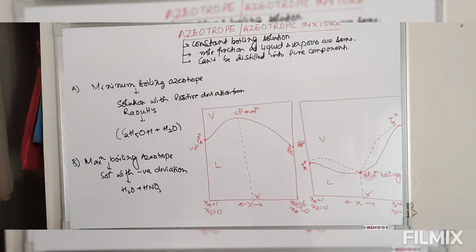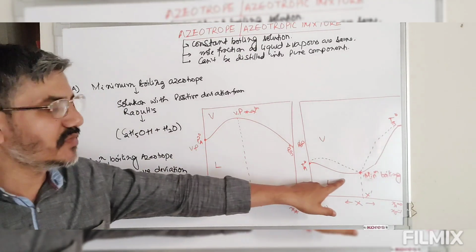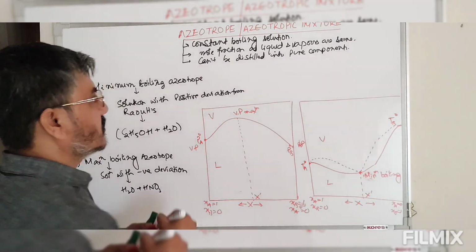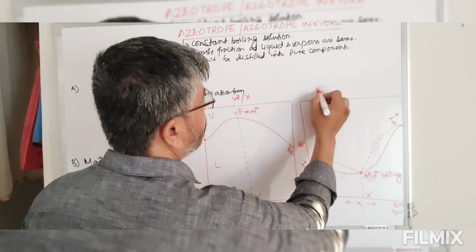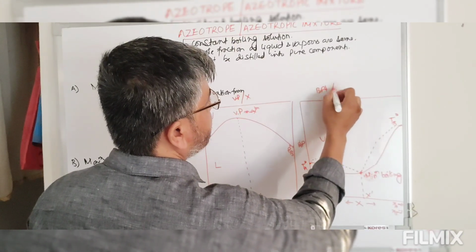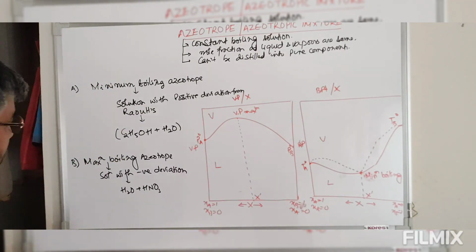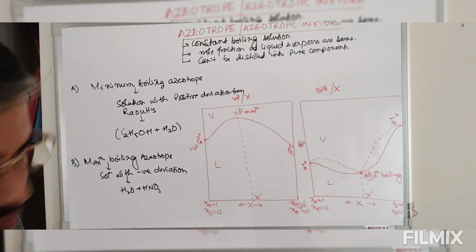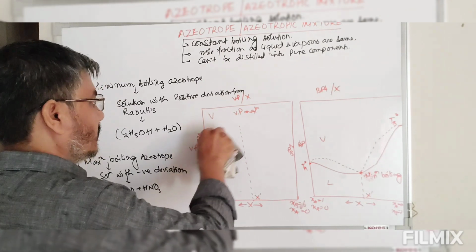maximum vapor pressure, that is solution with positive deviation, and this is minimum boiling. So this is the vapor pressure versus composition graph, and this is the boiling point versus composition graph. Now coming to the solution with negative deviation from Raoult's law, we have to modify the graph.